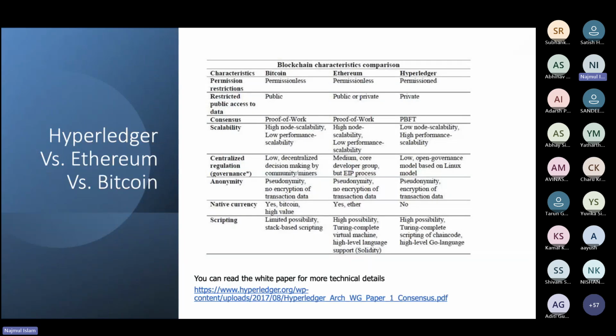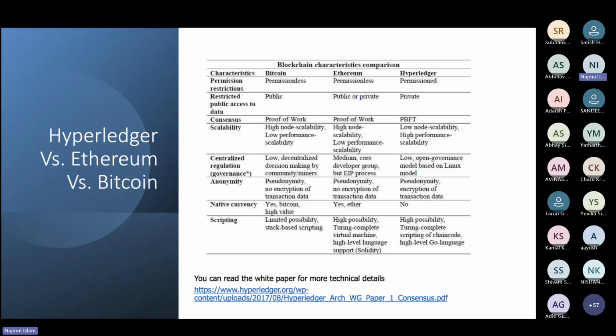So if you look at this, in terms of permission restrictions, Bitcoin is permissionless. Yeah, and then Ethereum also can be permissionless. And then Hyperledger is mainly for permissioned blockchains.